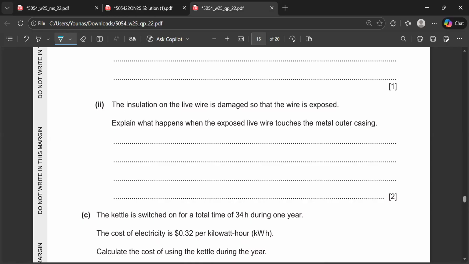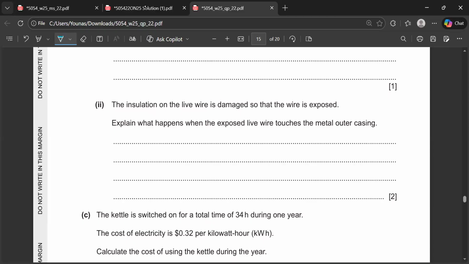You see, when the live wire has damaged insulation and it comes in contact with the casing of the kettle, the live current, high voltage current will start going into the casing. And from the casing, it will go into the ground. If somebody touches the casing of that kettle, he or she will be electrocuted.